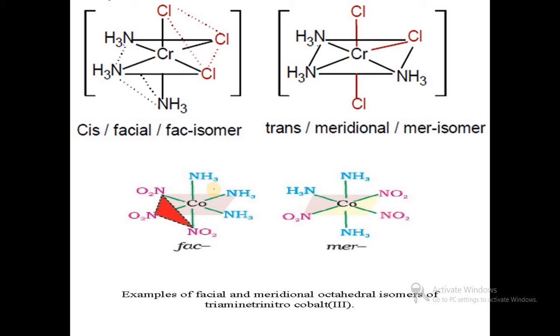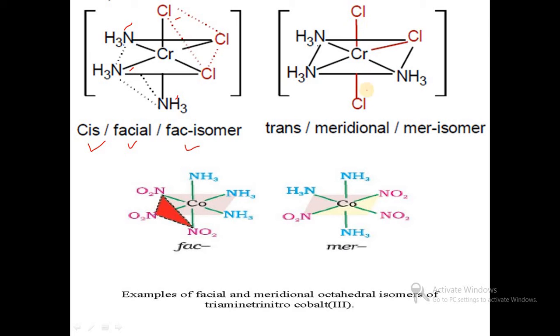Then in the case of MA3B3, for example, chromium Cl3(NH3)3. If we keep 3 chlorines in triangular positions, or 3 NH3 groups in triangular positions like this, then it is called the cis or facial or fac isomer.